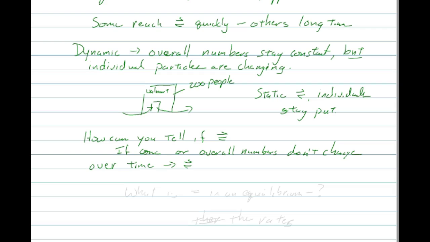If you go to 15, 85, and it's still not in equilibrium, but if it stays at 15, 85, 15, 85 over a series of time, then it is equilibrium. So if the concentration is changing, it's not equilibrium. If the concentration is constant, it is equilibrium.